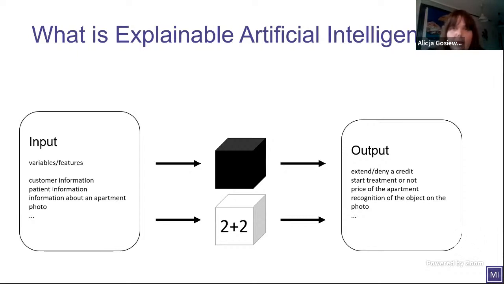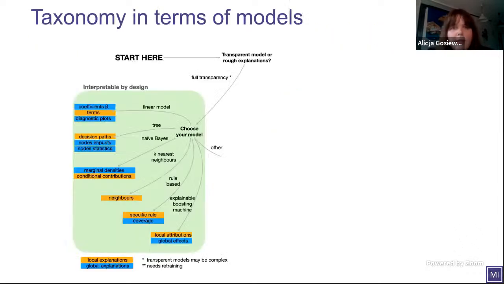But the other way might be still using such complex models, but explaining them with explainable artificial intelligence, XAI. And now we'll talk more about this second way. In the literature, you can find many different categorizations of model explanation methods. Together with Szymon, we summarize them in the form of a map.